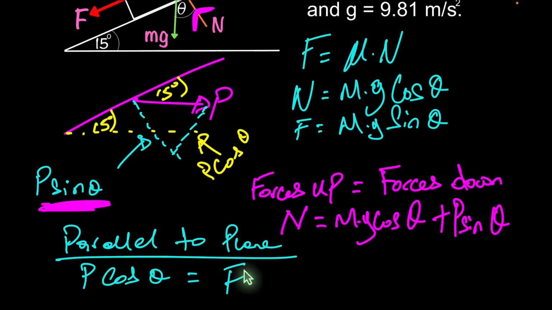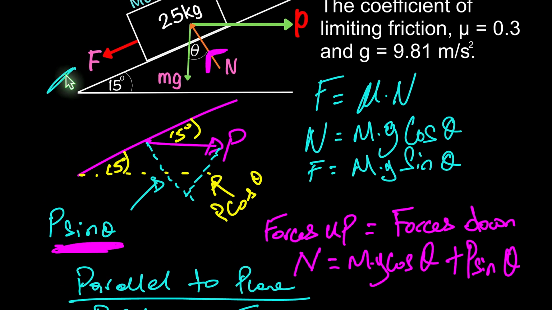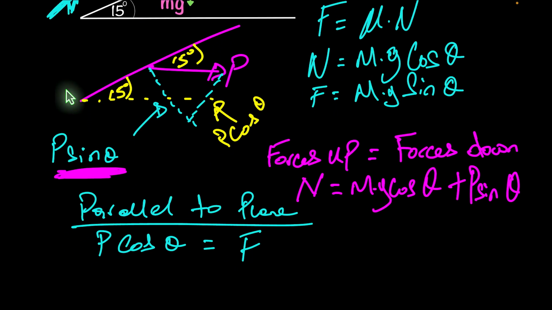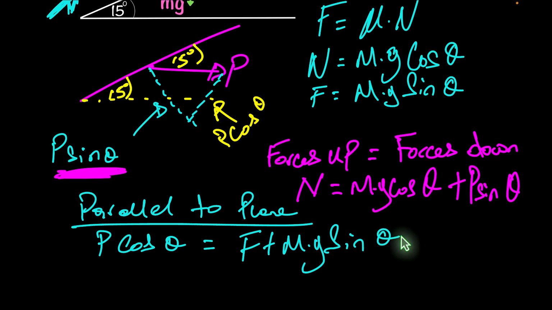So this F is this one here. That's going in the opposite direction of where the P is trying to go. So that's that F plus the same mass times gravity sin angle component. So those are our two sets of equations, and we have most of the values ready.